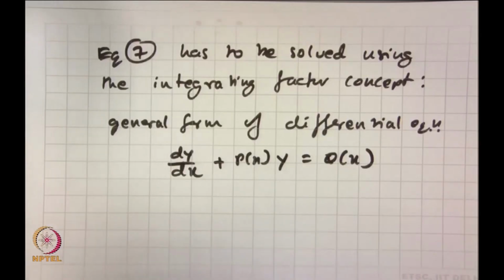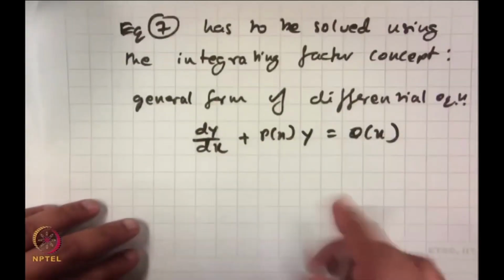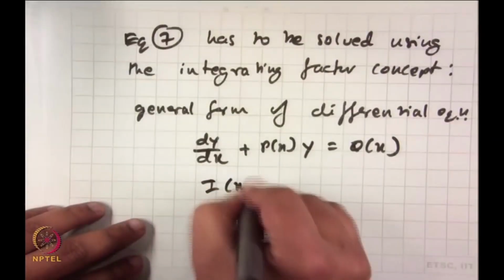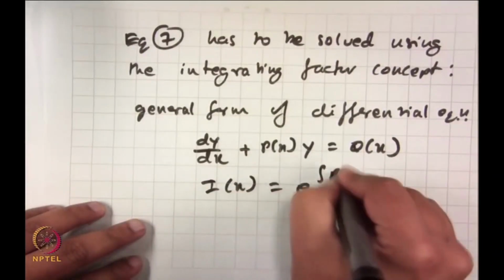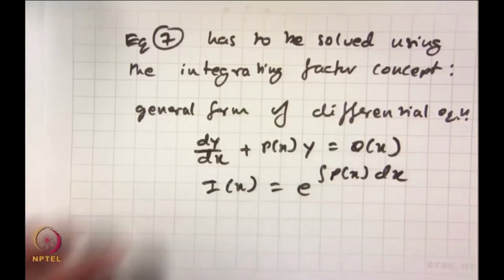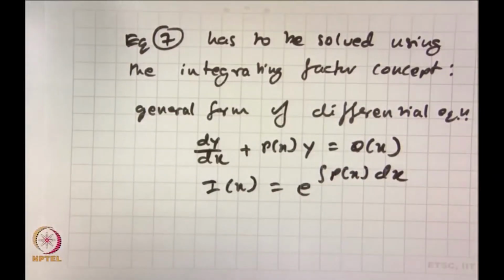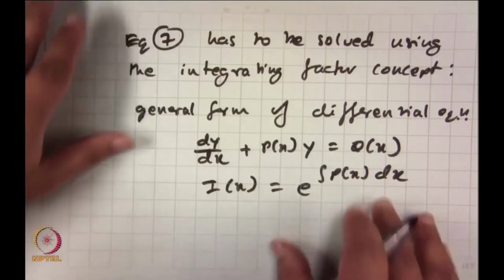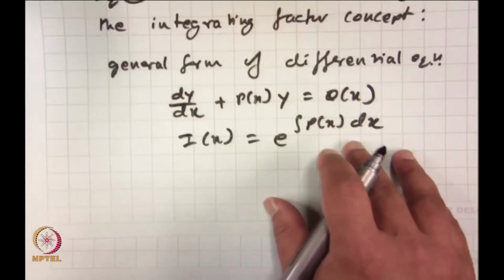So, dy dx is y prime, and if you are going to solve it, you take an integrating factor where you say I of x is equal to e to the power integral of P of x d of x. Now, if you compare this with the one you have, what is your y? Your y is your ensemble average of x x dot, and what is x? X is t in this case. Okay, that's the only difference you have. That's the only change you have to make. Otherwise, everything is exactly the same. Okay. Now, P of x is also defined for you, Q of x is also defined for you.